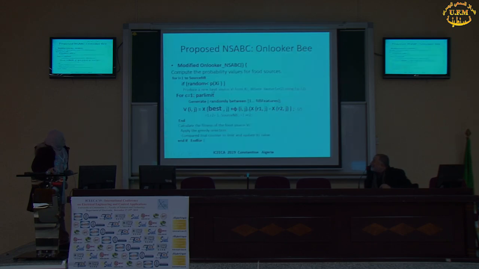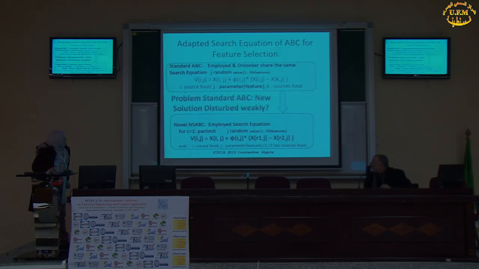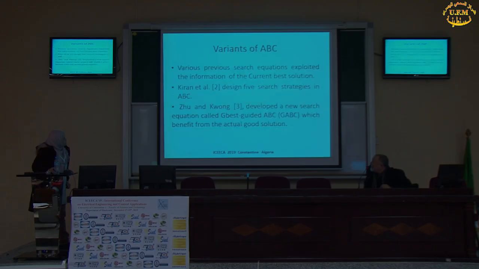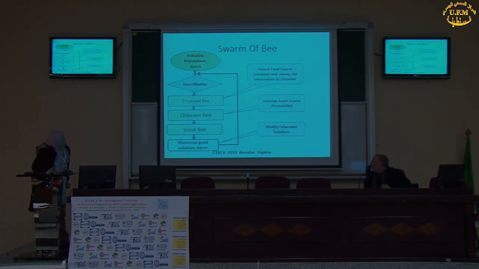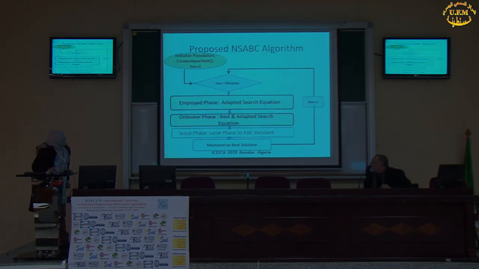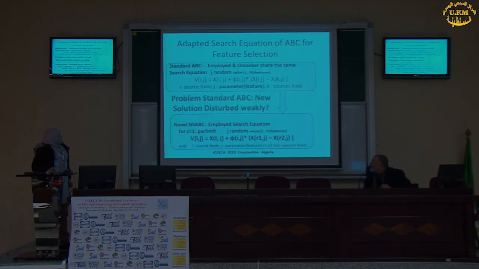Here we have the difference: the insertion of this code. In the general artificial bee colony code we have this. In the standard artificial bee colony search equation, J is a fixed value, only one value of parameter J. In our case, we increase the number of parameters.